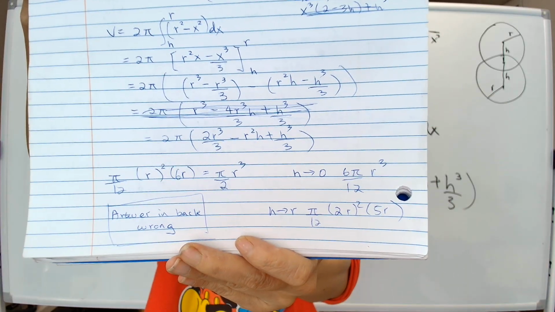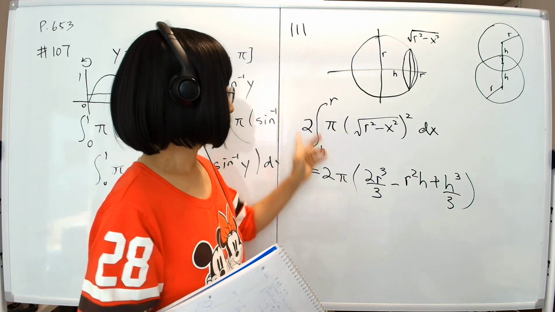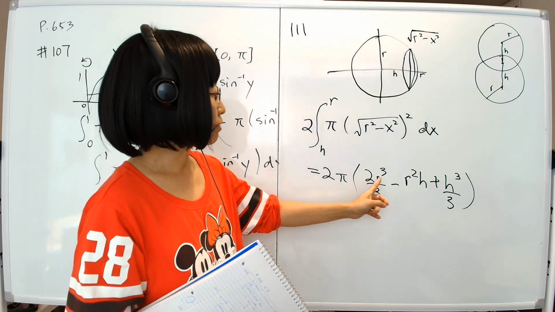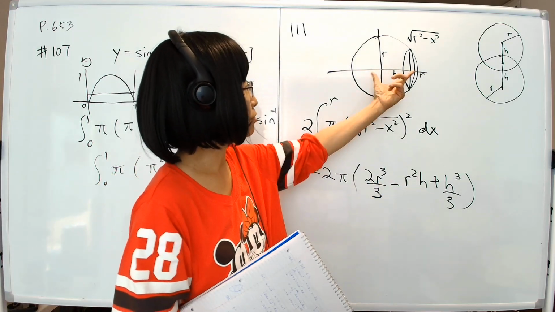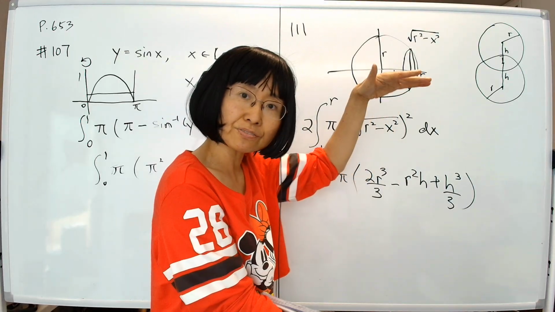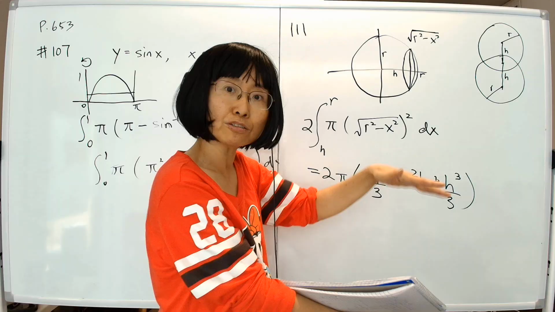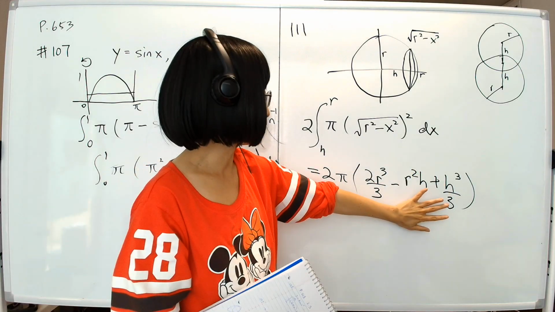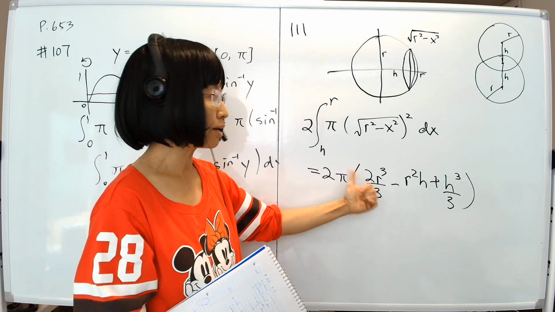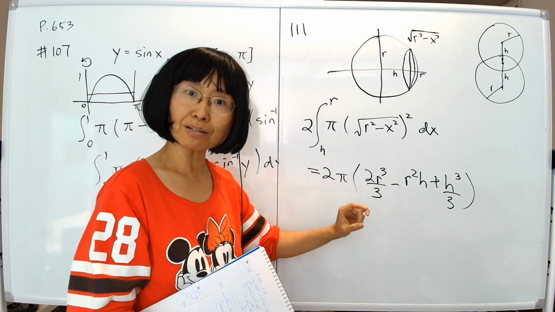The reason I know it is right is this: when you look at the volume I claim, if you let h go to 0, so the two spheres are coming together to become one, then the whole volume becomes 4/3 pi r cubed, right? That is the volume of a sphere.